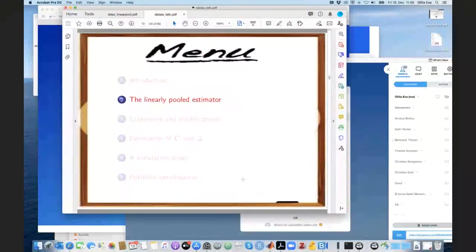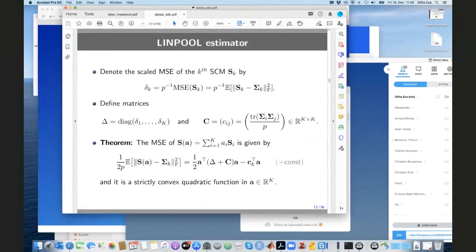So there are plenty of applications of covariance matrices, and you can use the methods that I mentioned here in your favorite application. So let's talk about what this estimator is about. Before we move on, let me introduce some notation. Delta_k I will use to denote the mean squared error of the sample covariance matrix S_k.